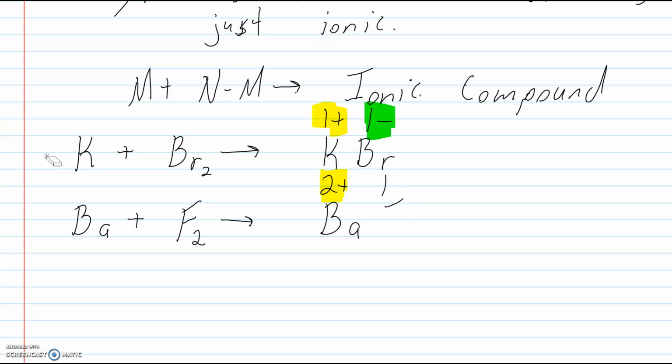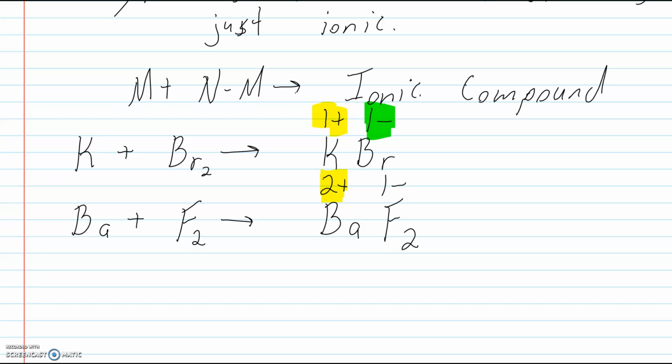Oops, sorry, didn't mean to erase my F. So we're doing a little crisscross there. And so this is going to be a 2 from that yellow, right, from barium's charge. And then I have a 1 for fluorine, but if I have a 1, we know that the 1 is implied. So I don't have to actually put anything there, right? So a 1's implied, so I get to just drop that out.